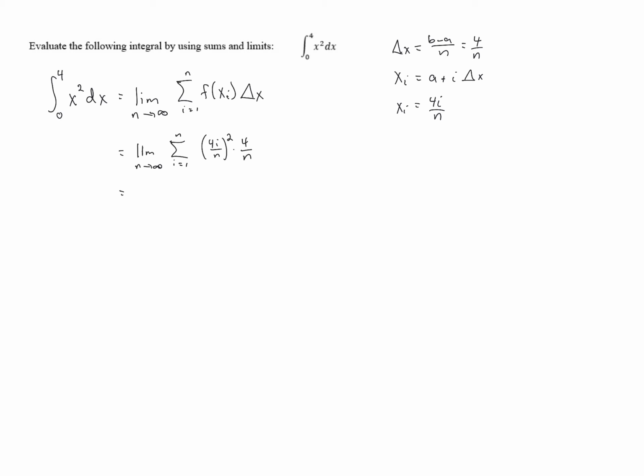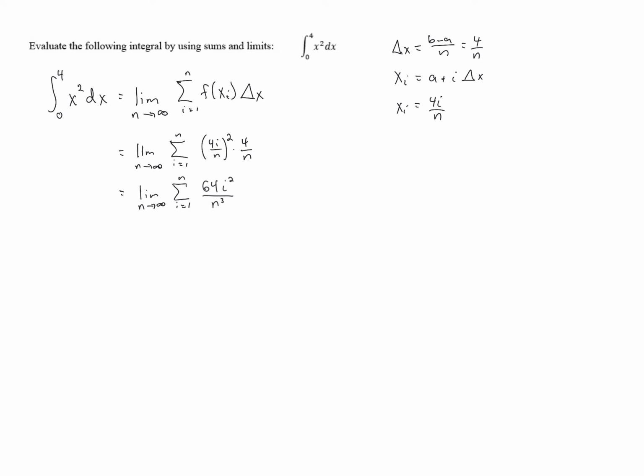And then we can simplify everything in there and multiply them together. So 4 squared is 16 times 4 is going to be 64. And then that i squared is i squared. And in the denominator, we're going to have n cubed because we had an n squared from here and then another n there.